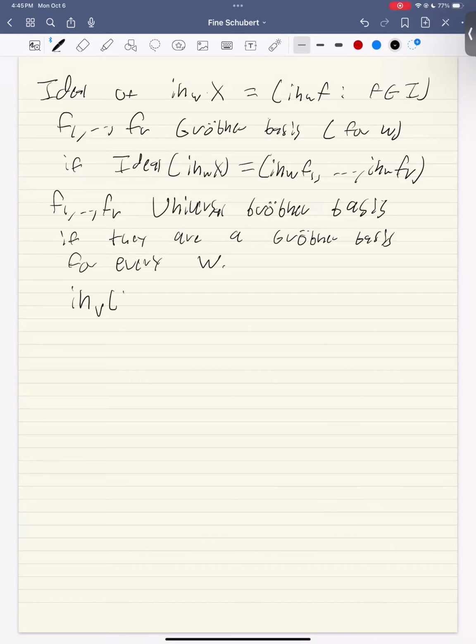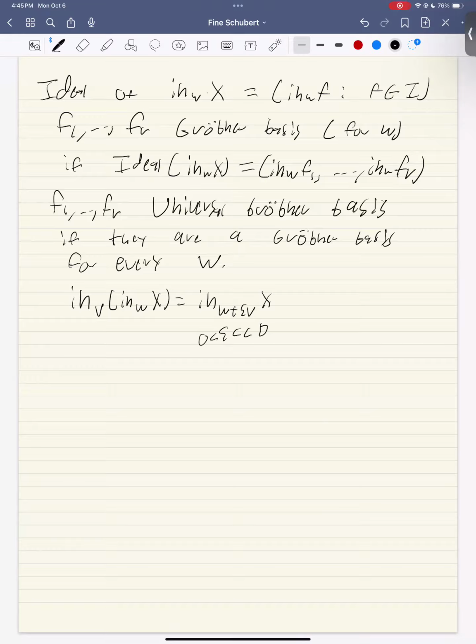if you look at in_V of in_W X, this is equal to in_{W plus epsilon V} X for epsilon sufficiently small.